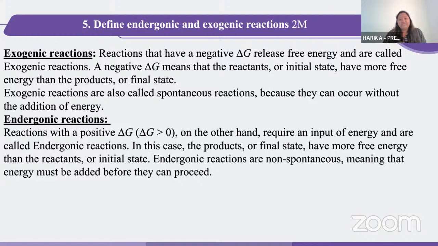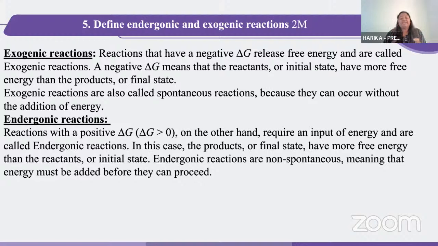The energy symbol is delta G, and in exergonic reactions delta G is negative. So they have spontaneous reactions, as they are not using any energy.